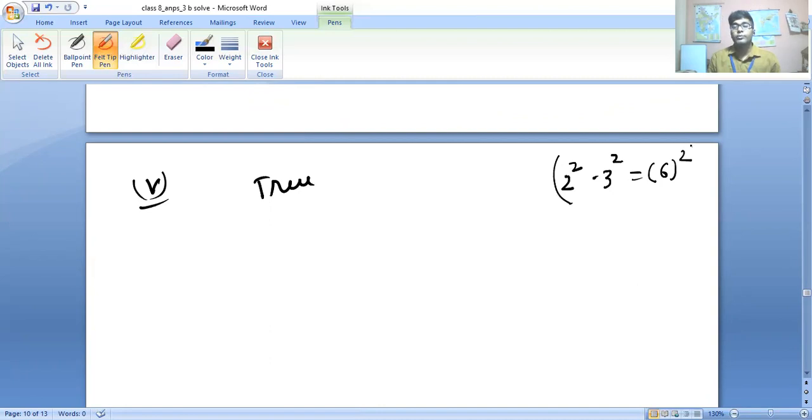Remember, for a statement, if it is true, we cannot give any example because it may be true for that particular example, but it may not be true for other examples. For true statements, we cannot give any specific example, but for a false statement, we can give a specific example, because suppose that statement is false for a particular example. Since it does not hold true for that example, it may not be true for all.